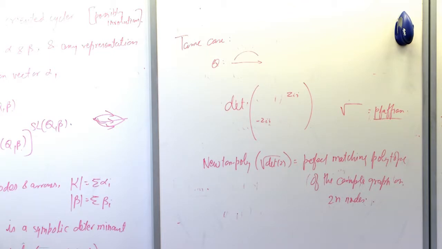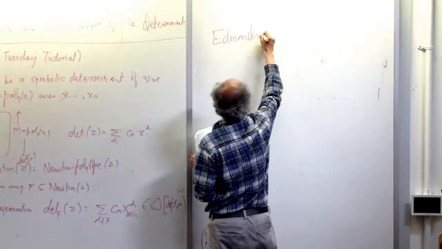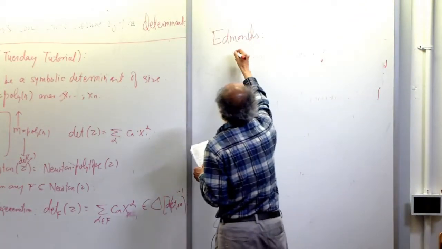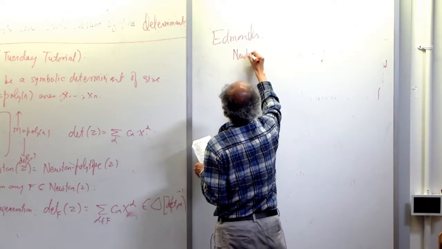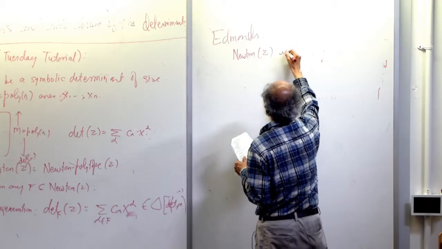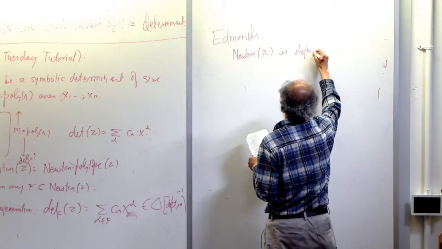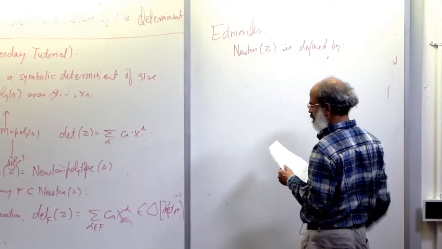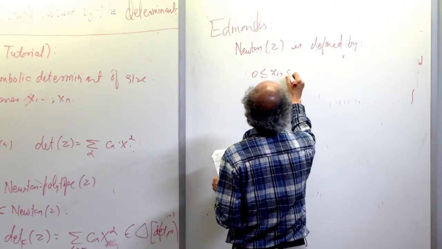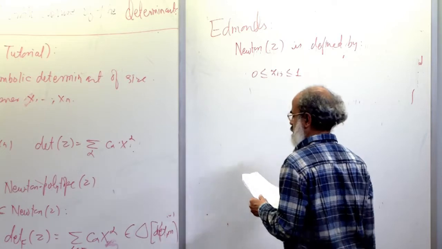So this is the fundamental result of Edmonds. First, the Newton polytope in that case is defined by 0 ≤ Zij ≤ 1.